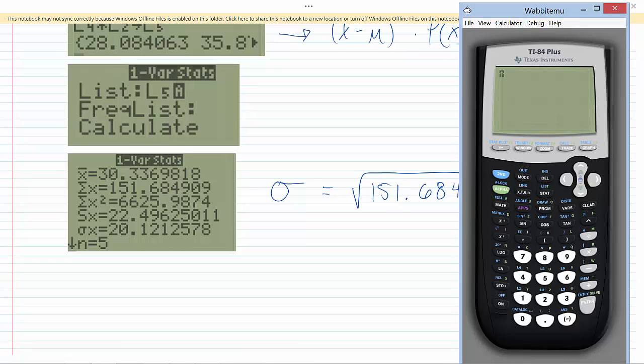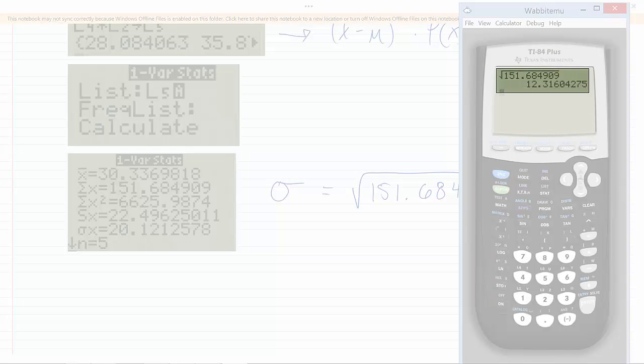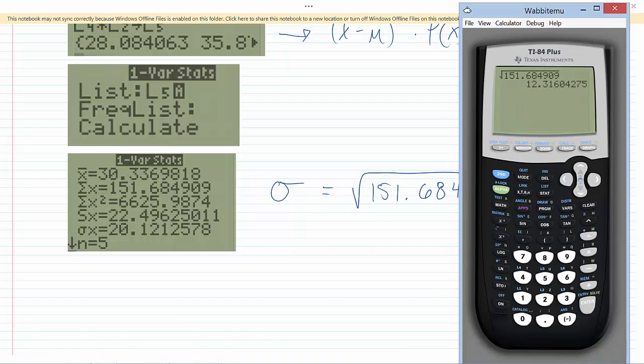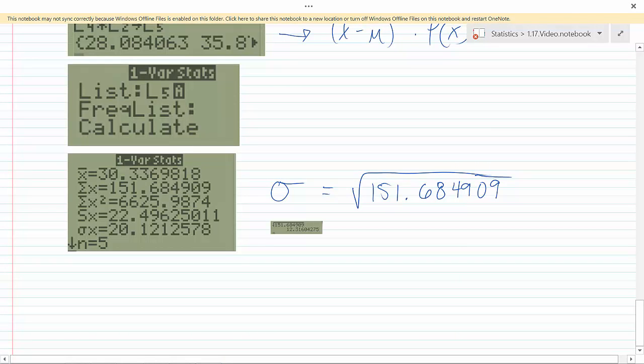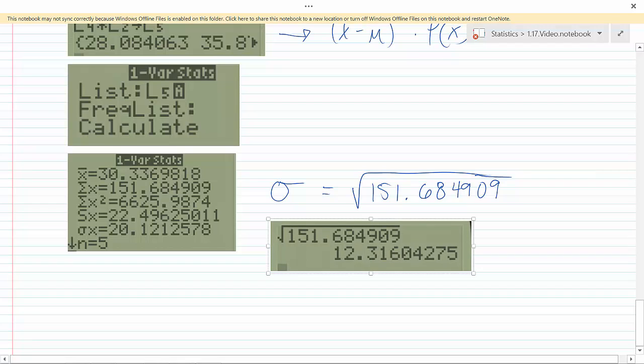I'm going to do the square root of 151.684909. This is the value that I get for my standard deviation. So the standard deviation of the age of super shoppers is about 12.32 years.